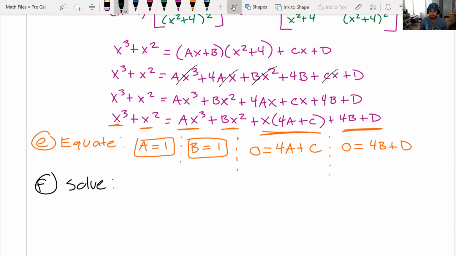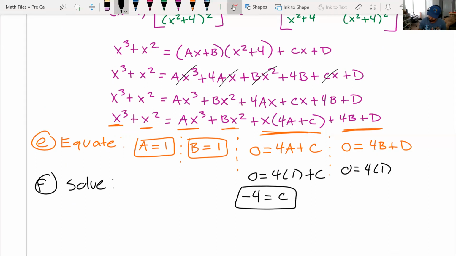So just find C by plugging in 1 for A on that equation, right? So you'll get 0 equals 4 times 1 plus C, and therefore C is -4. And then on this one, solve for D by plugging in 1 for B, and you'll get 0 equals 4 times 1 plus D, and D equals -4. Done. That one was nice.